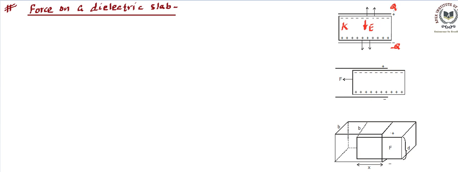We know close to the positively charged plate, a negative charge gets induced or polarized, and similarly close to the negative plate, a positive charge gets accumulated. So we will find that the forces are going to act because of this field. This negative charge will experience a force as shown by these arrows. So this will be the direction of force acting on the dielectric slab.